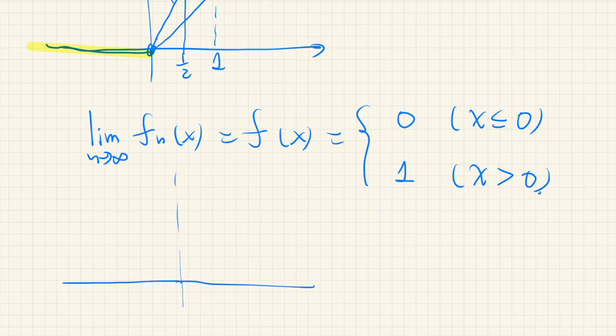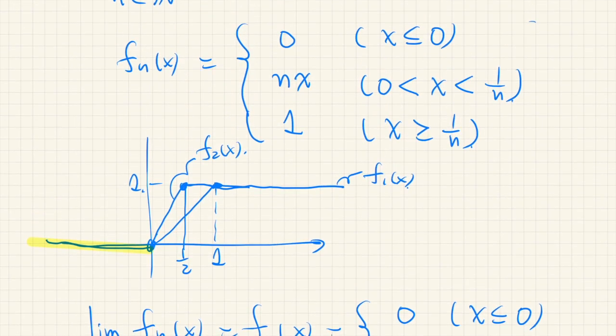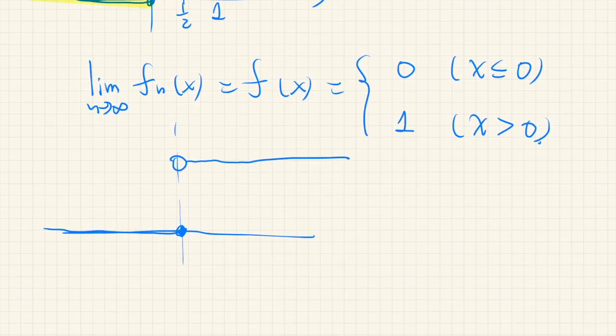It's 0 up to this point and 1 all of a sudden at this point. So in this case, the continuity of each term of this sequence of functions is not inherited by the limiting function. In fact, this convergence is not uniform convergence, but only pointwise convergence.